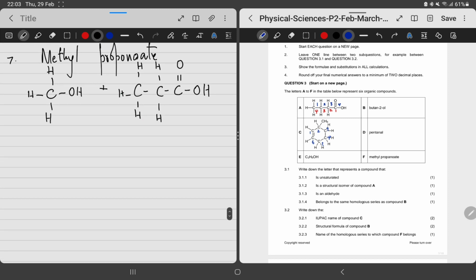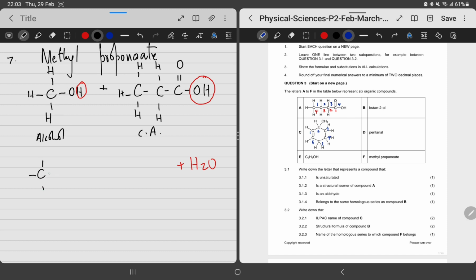Okay, and then we're just going to fill in the hydrogens. When you react an alcohol with a carboxylic acid, you produce an ester. And another thing that you produce there is water. So this hydrogen there is going to bond with what? The hydroxyl group to give you water. And then we take the alcohol.